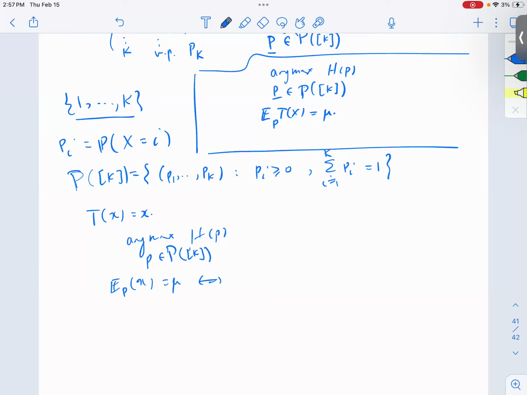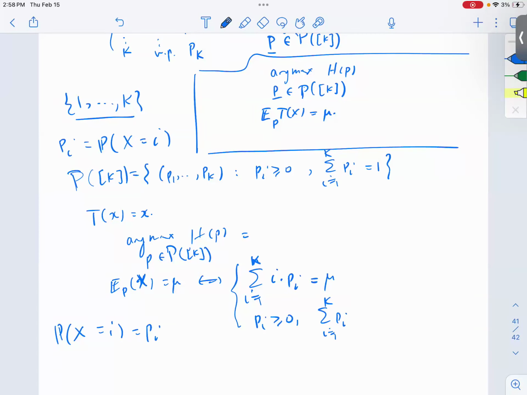Which is equivalent to saying the summation of Pi times i is mu, because X takes value i with probability Pi. So I times Pi summed is equal to mu. So this is the condition, and then Pi is bigger than or equal to 0, and the summation of Pi from i equals 1 to k is 1.